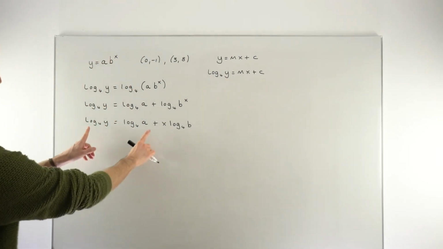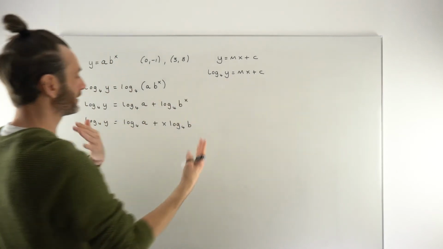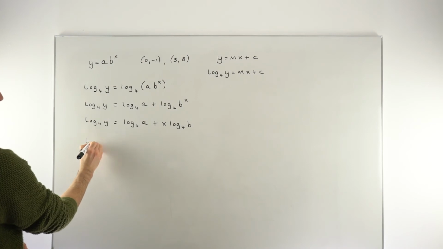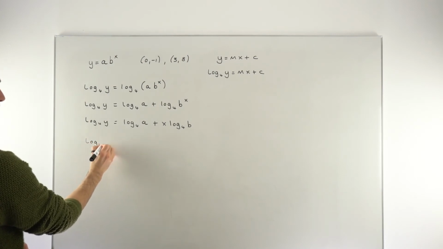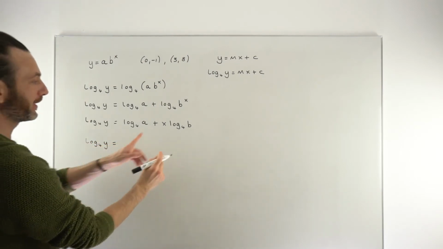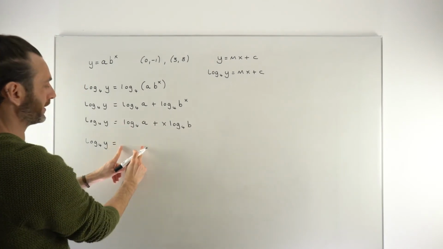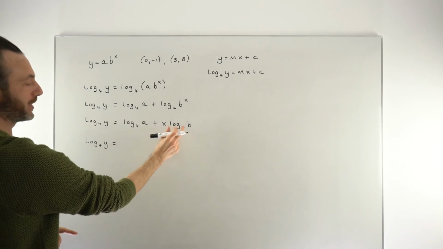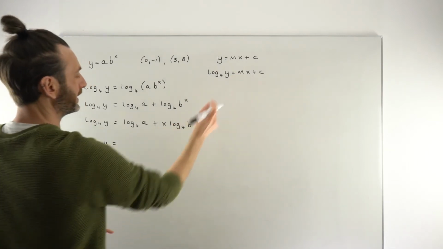If you compare what we've got here to what we've got here, they're kind of close. We just need to reorder these terms. The left-hand side is log to base 4 of y, so we can keep that. This here needs to go in the first position, but the x needs to be behind the coefficient.